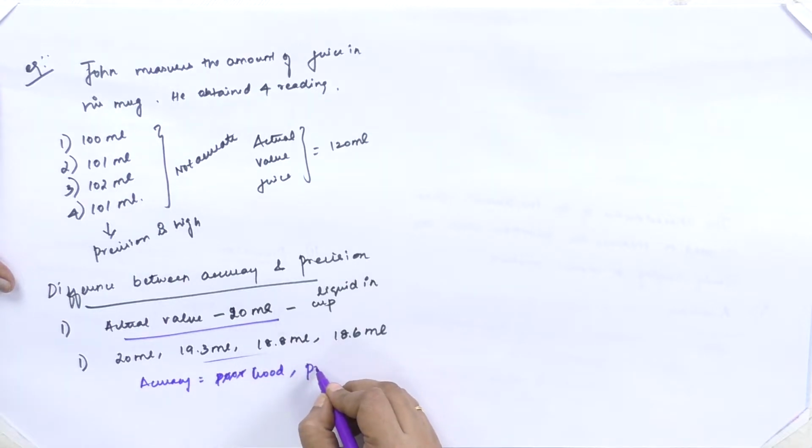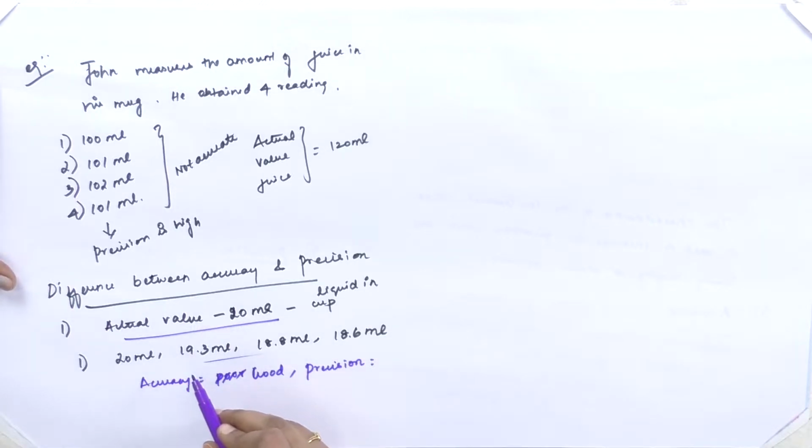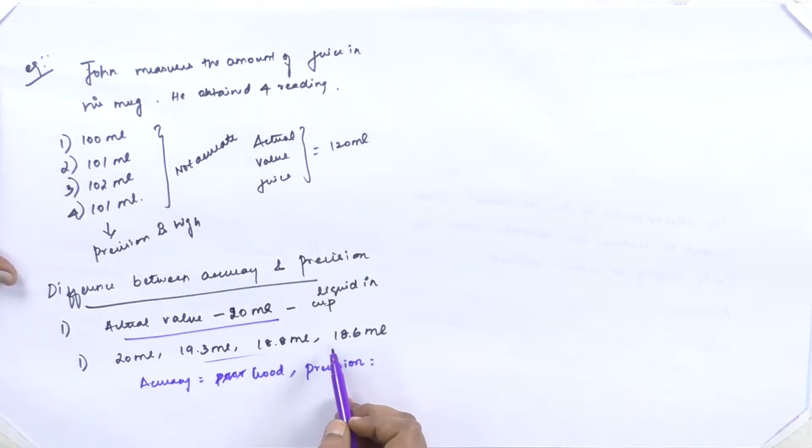What about precision? We know that precision is the closeness of the measured readings. So we can say that the difference between the readings is high, that is 20 ml, 19.3, 18.8 and 18.6 ml.